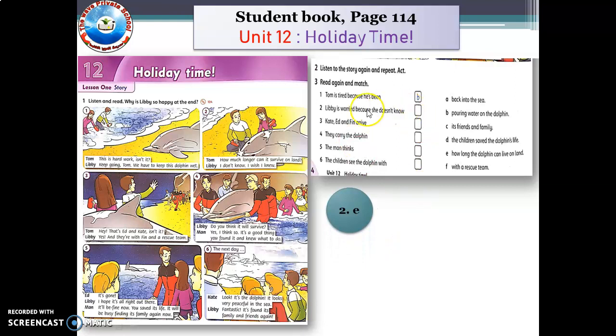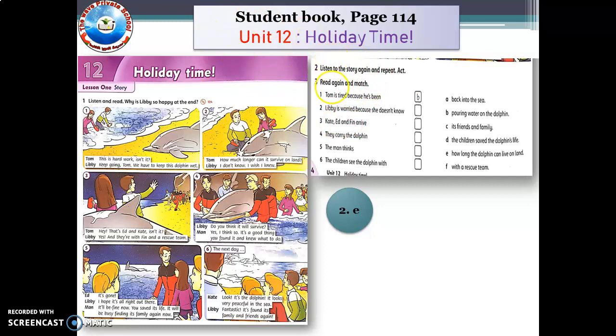Number 2, Libby is worried because she doesn't know how long the dolphin can live on land. Now, number 3. Take your chance to guess.